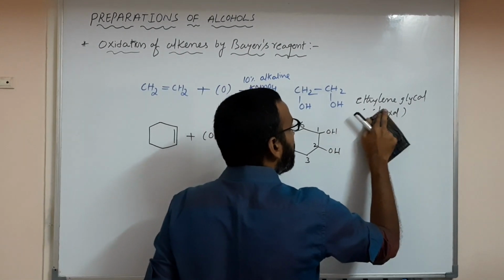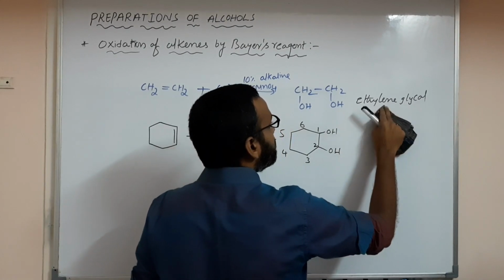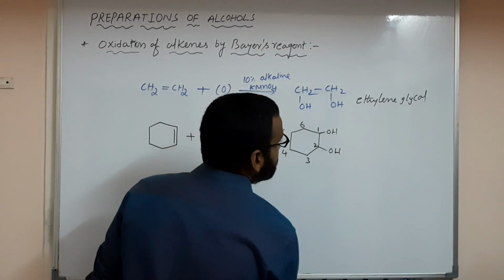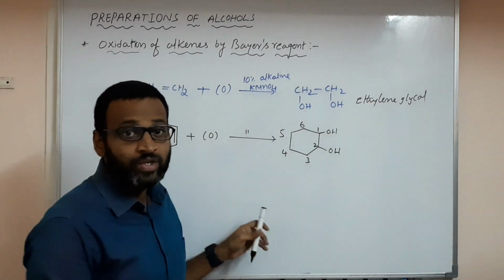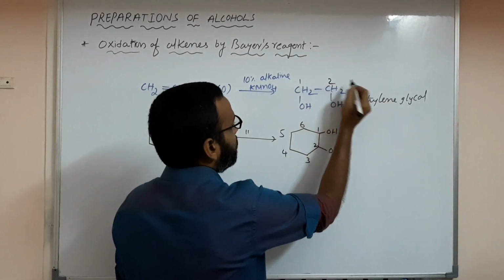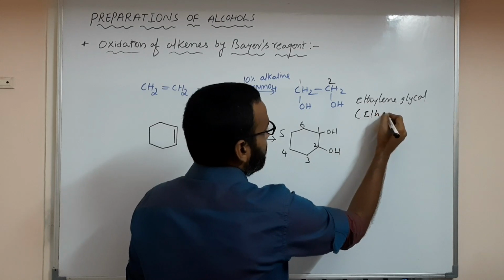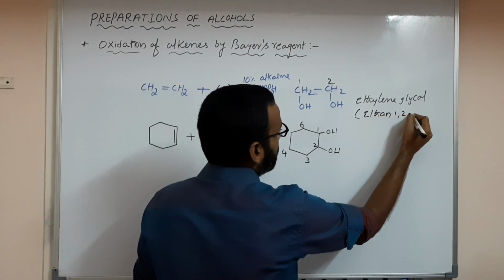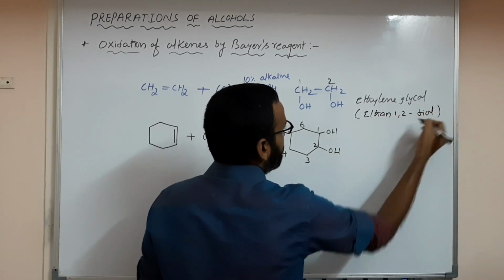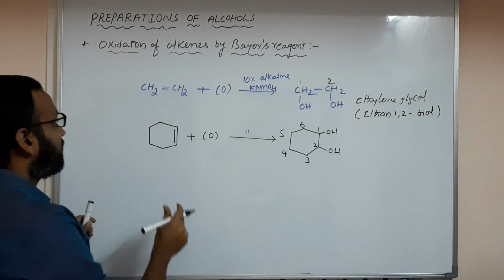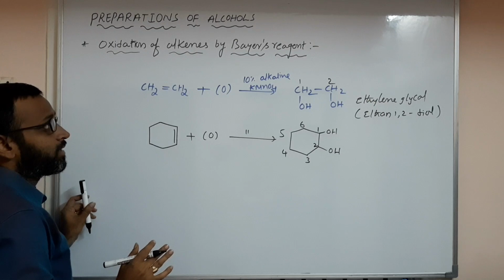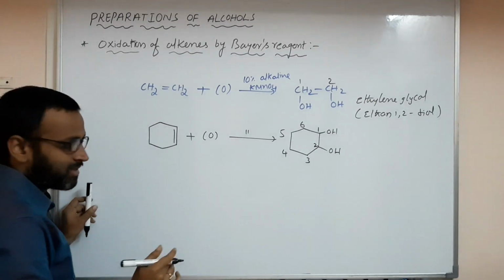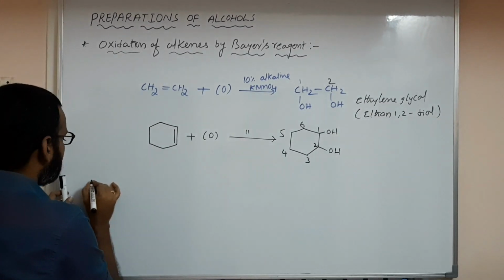You can remember ethylene glycol, or ethane 1, 2 diol, that is the IUPAC name, with positions 1 and 2. So this is oxidation of alkene by Bayer's reagent.